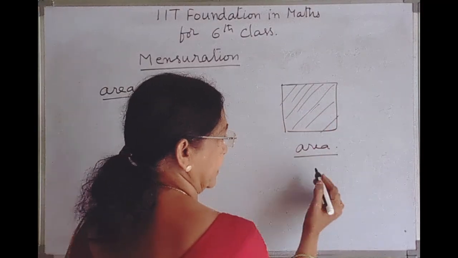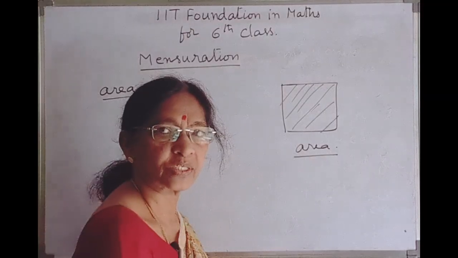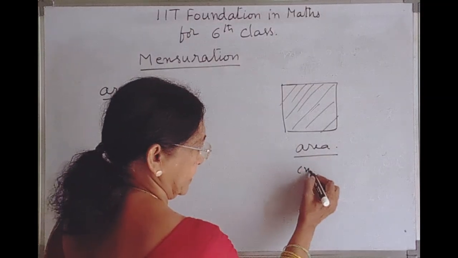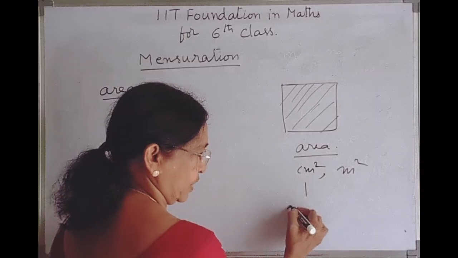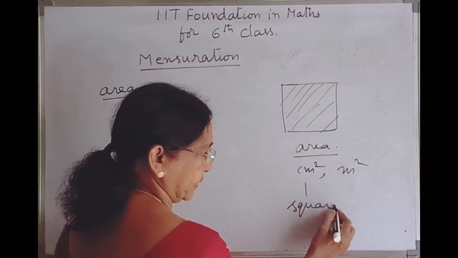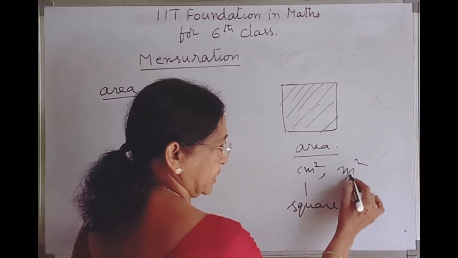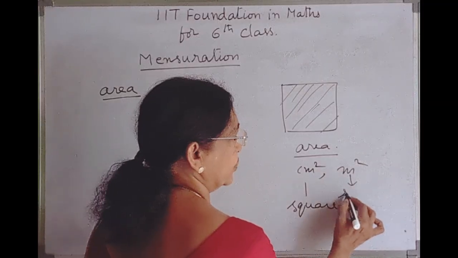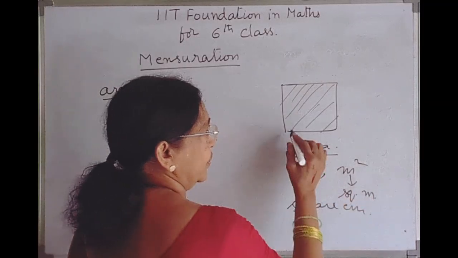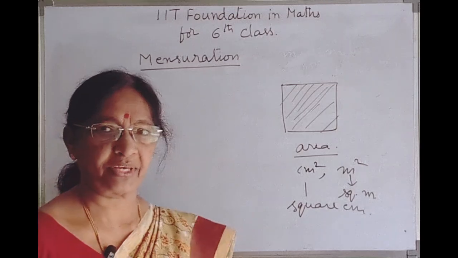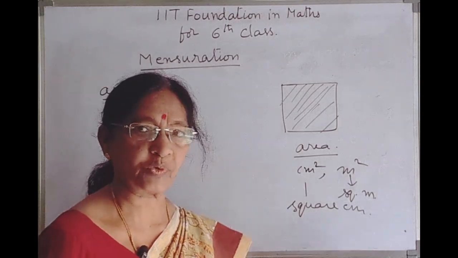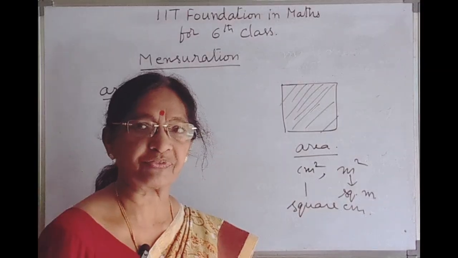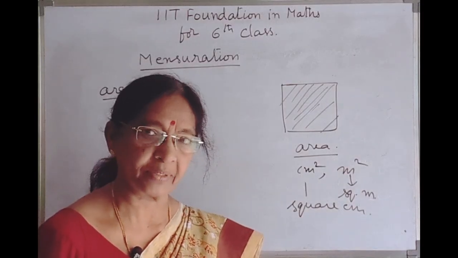Area is measured in square units of length, that is centimeter square or meter square. Centimeter square is also known as square centimeter, and meter square is also known as square meter. So area of a plane figure is measured in square units, that is square centimeters, square meters, square feet, square kilometers, etc.